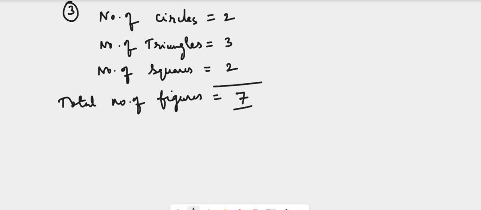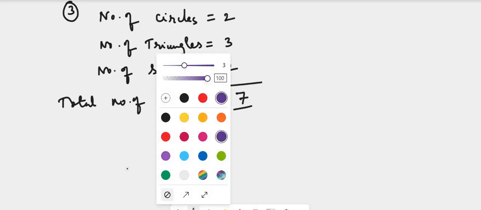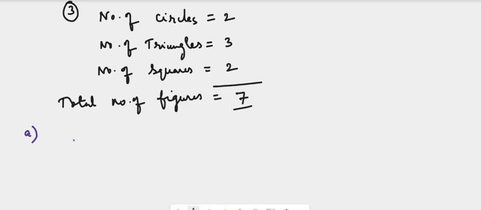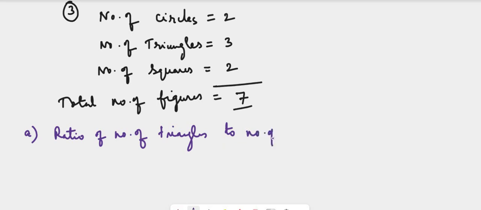A bit, you are going to write the ratio of the number of triangles to the number of circles is equal to 3:2.